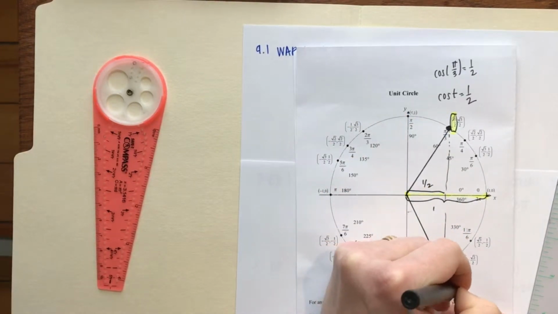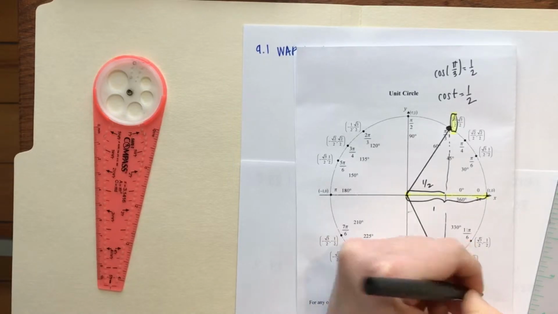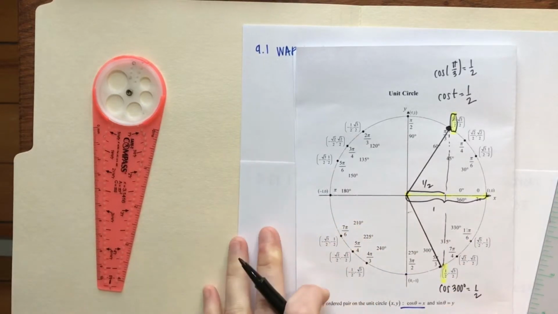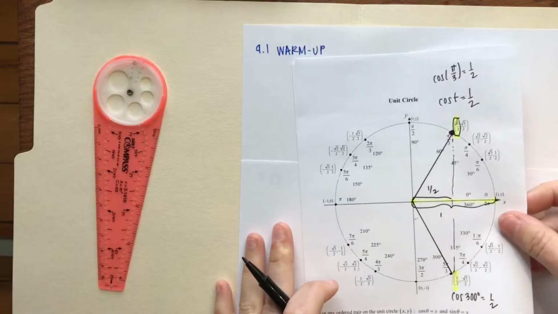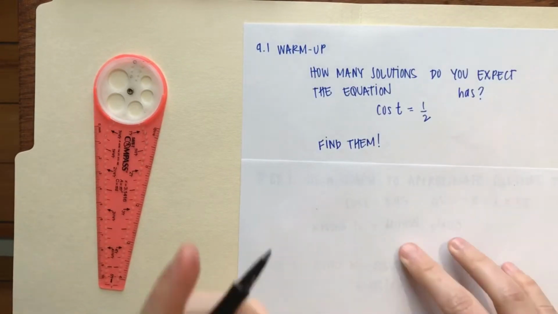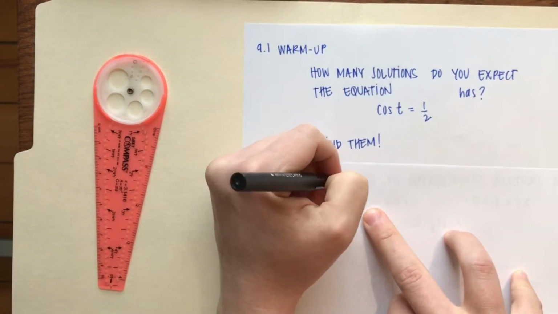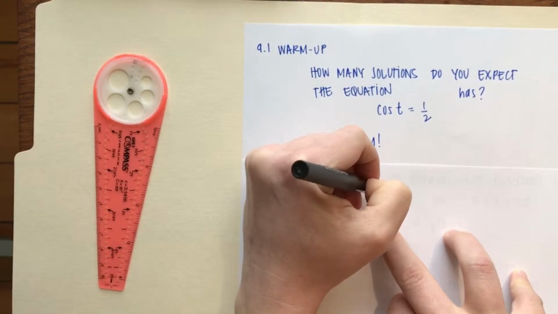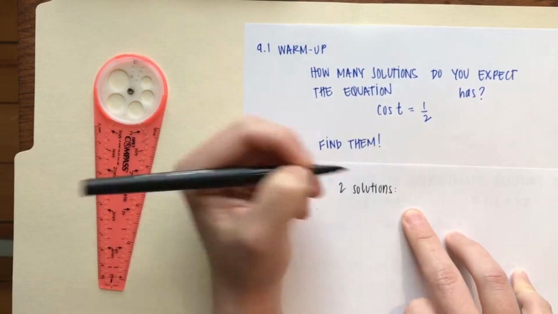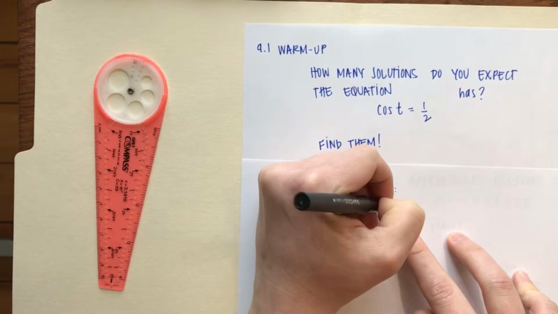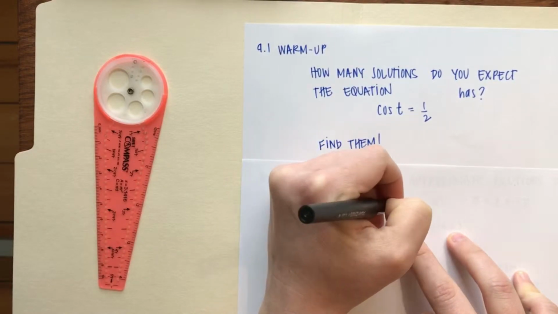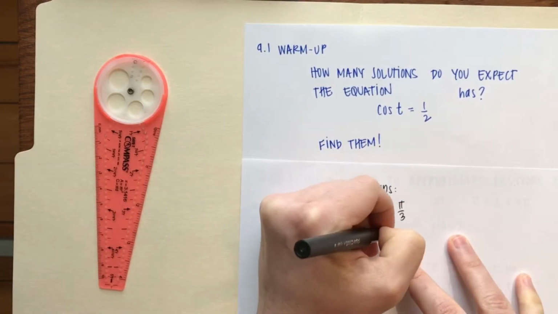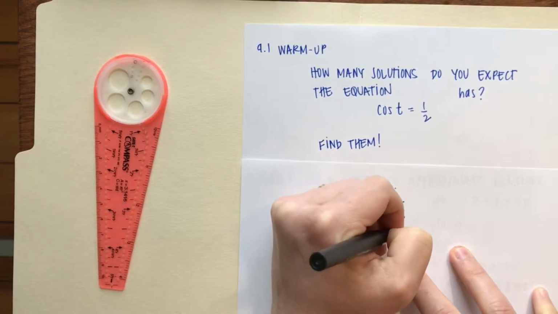So cosine of 300 degrees is also 1/2. So our solution to this initial warm-up problem, we should have expected that cosine of t has two solutions, one at pi thirds and one at 5 pi thirds.